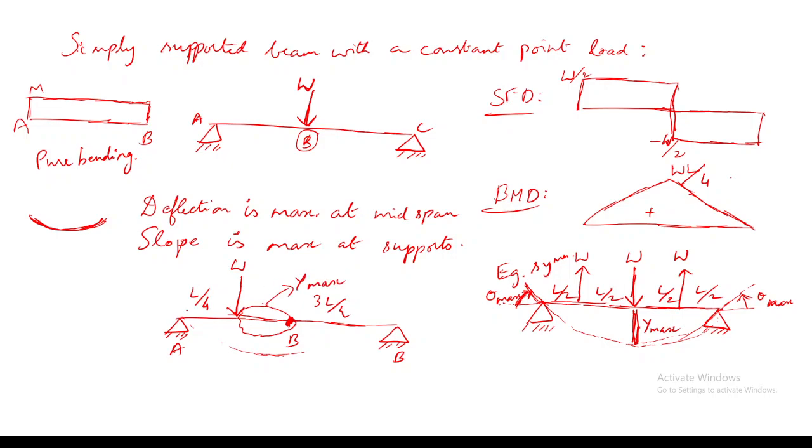And where the load is near to the support, there you will be getting the maximum slope. Theta is maximum since you are having the load which is near to the support A. So here you can say the theta will be maximum.